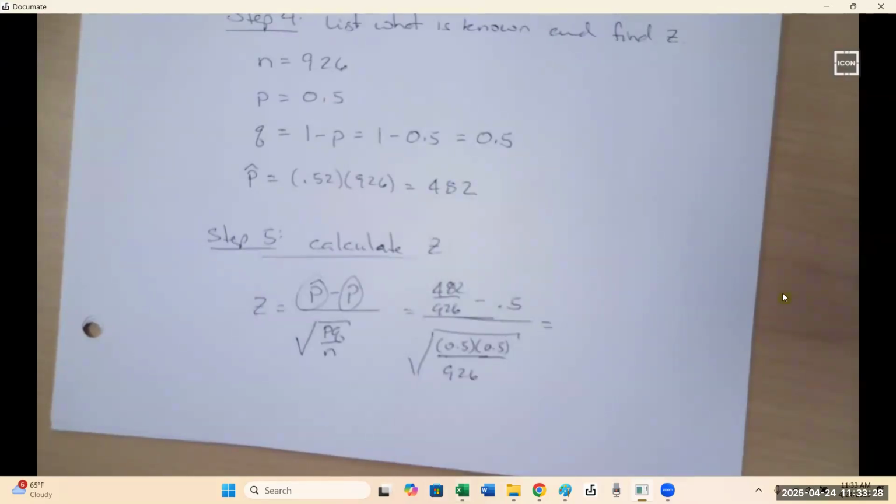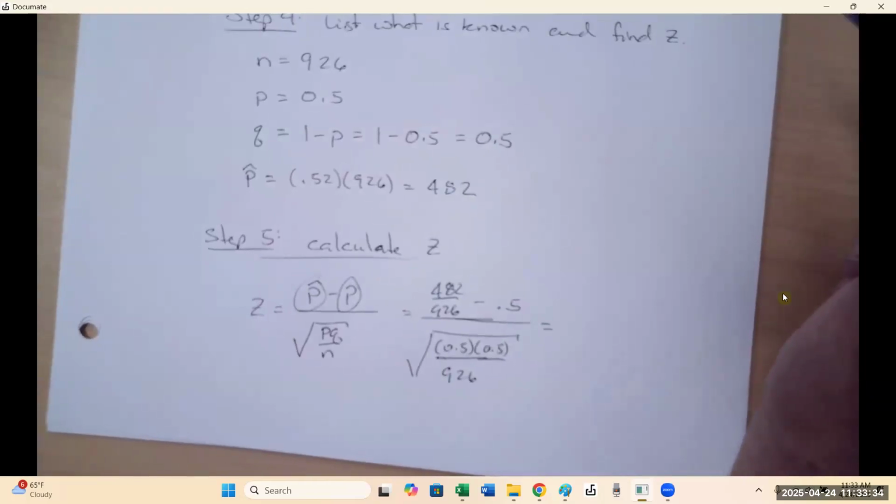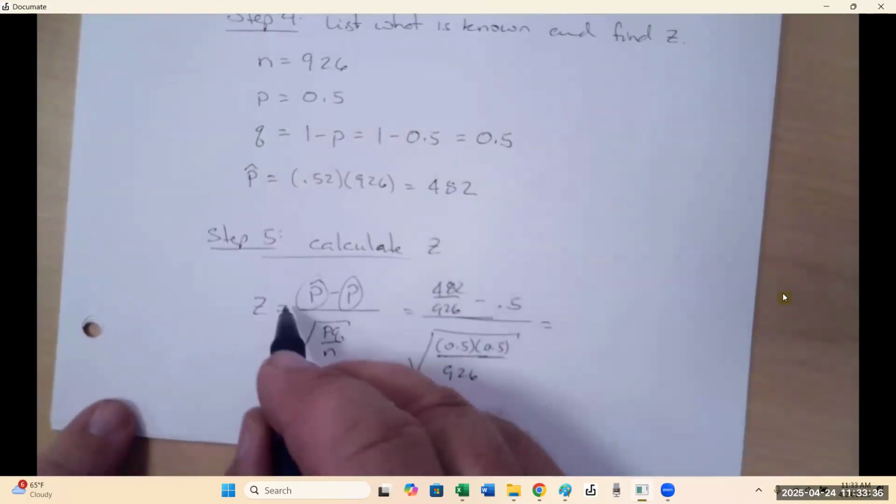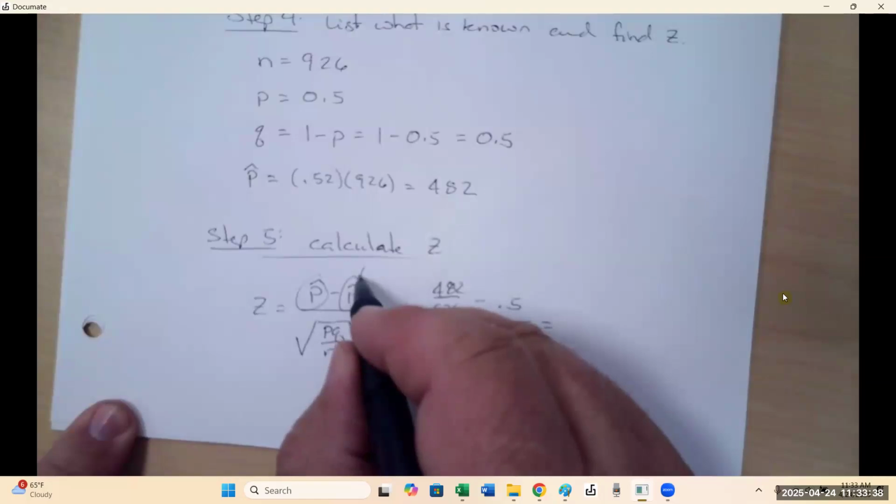Yeah, it's 0.52 of that, but now in this formula, the p hat, these are actual proportions.